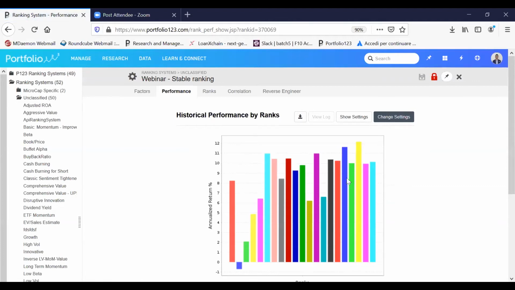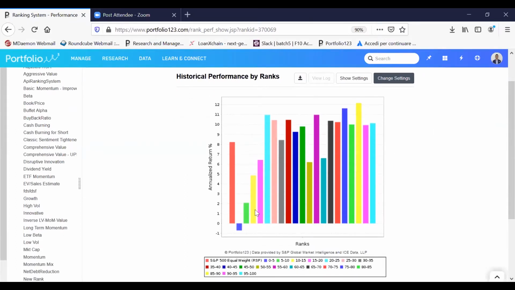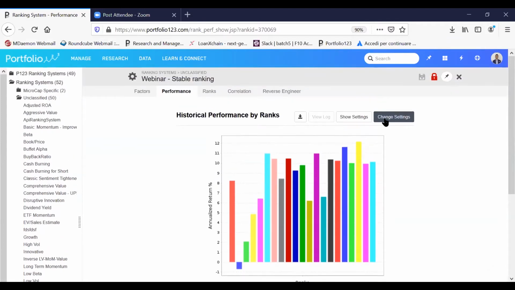Okay, so in here we can see that the strategy is losing predicting power, because it's predicting pretty well which stocks are not performing well, but it's not really predicting much above, let's say, the first third of the universe.